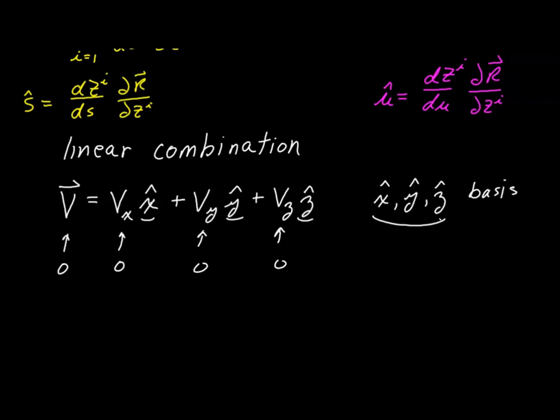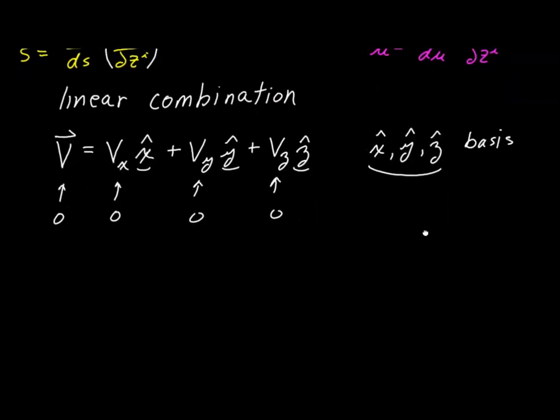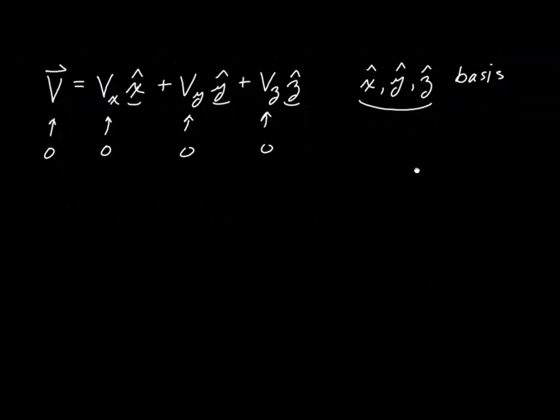Now I said all of that to make the point that this vector right here constitutes a valid basis. It is doing the same thing in a generalized sense that these vectors are doing in the Cartesian coordinate system. So we are now going to define something.